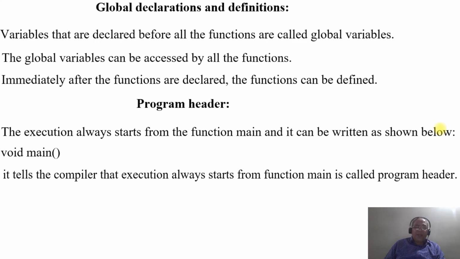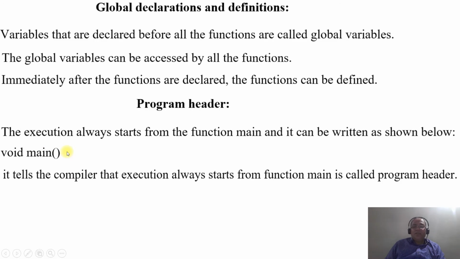So whenever you encounter this void main in any one of the programs, we need to start from some point, from some line. Whenever you encounter this void main, after the main you have to have the open bracket and the close bracket. That means it tells the compiler that execution is going to start from this particular line.